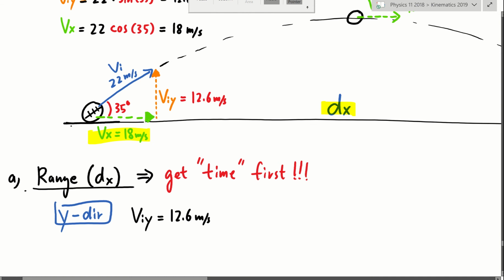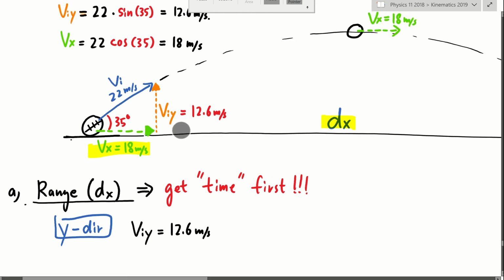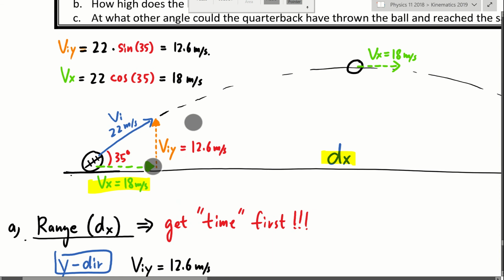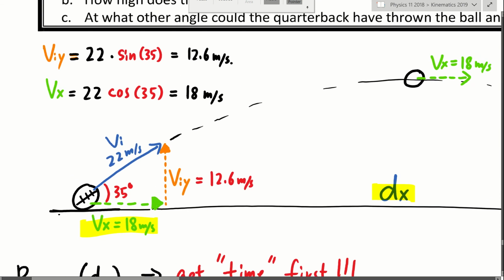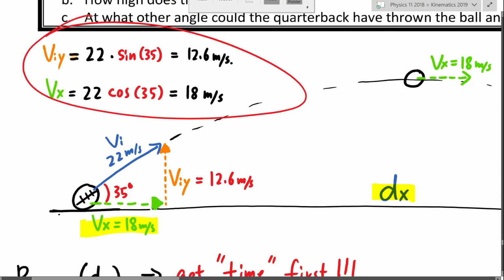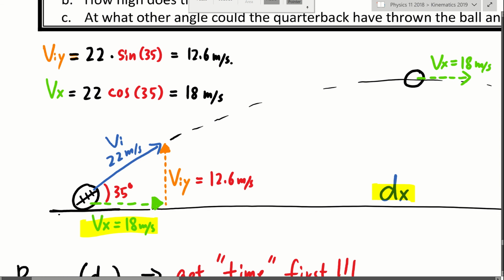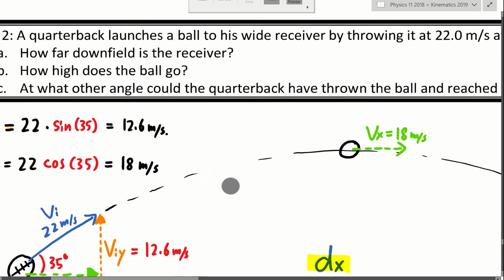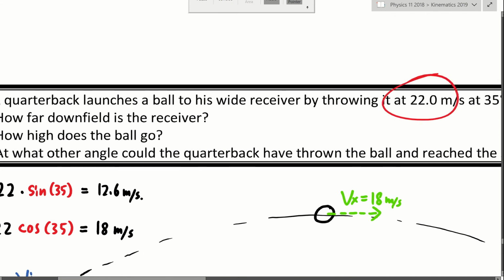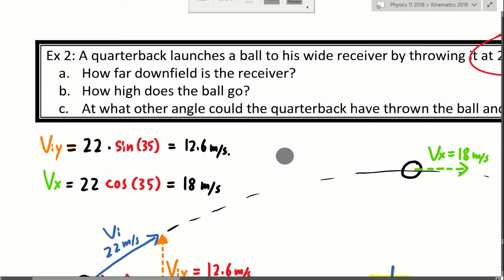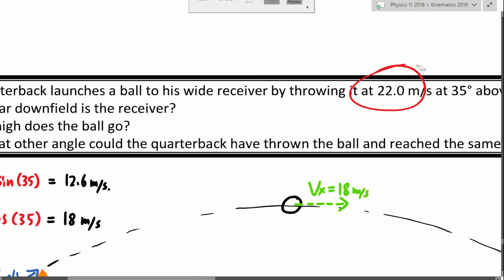Remember, the initial value that the question gives you is useful for about 5 seconds in your calculation. It's useful for getting V initial x and V initial y. That's it. That 22 cannot be used ever again in this entire question. If you find yourself plugging in that 22 anywhere, other than in the first 5 minutes of getting V initial x and V initial y, then the question is wrong.